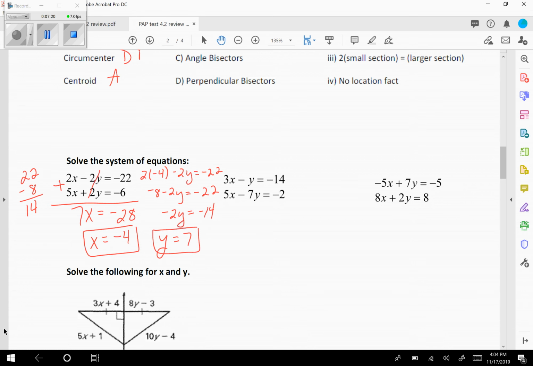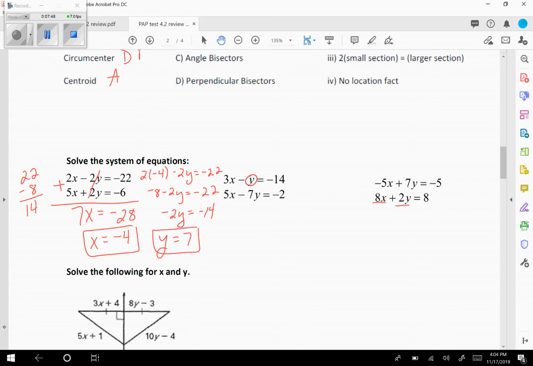And then over here, I think this one will be easy for you guys to do. If you look at this first equation, you could easily solve it for y and then substitute it into the other one. But this one takes a little bit extra. We look at our x's and our y's, and you can't really do multiples of these very easily. But look at your second equation, 8, 2, and 8. They're all divisible by 2.